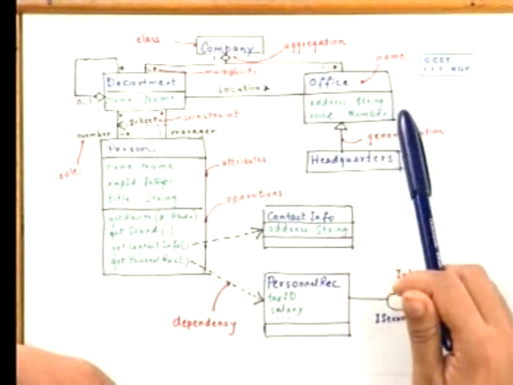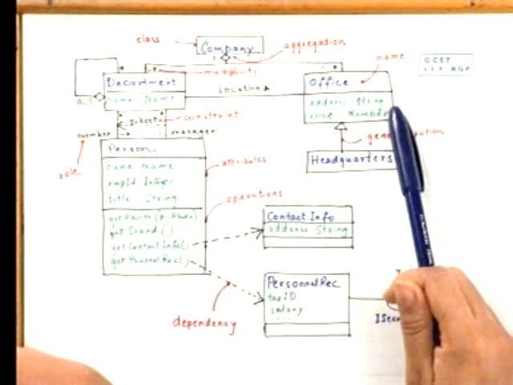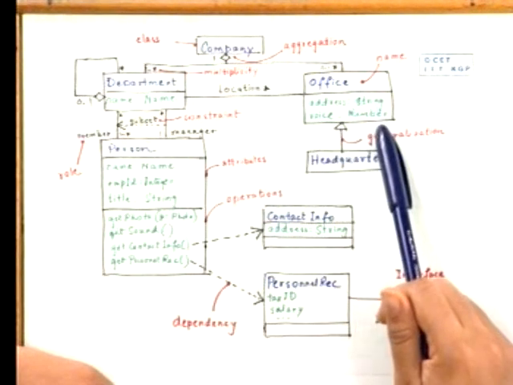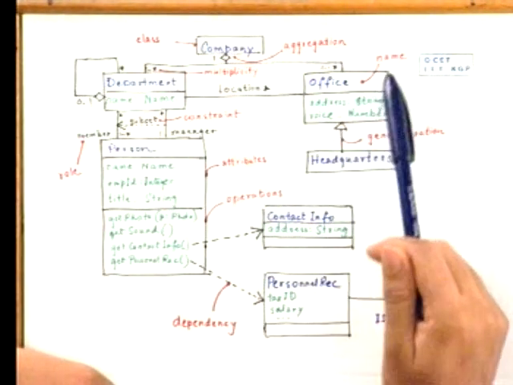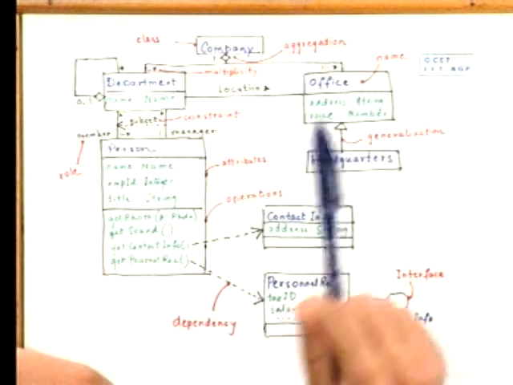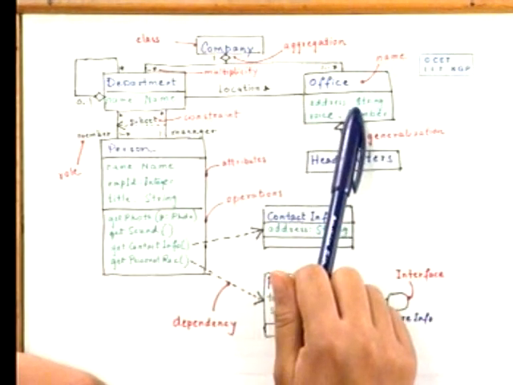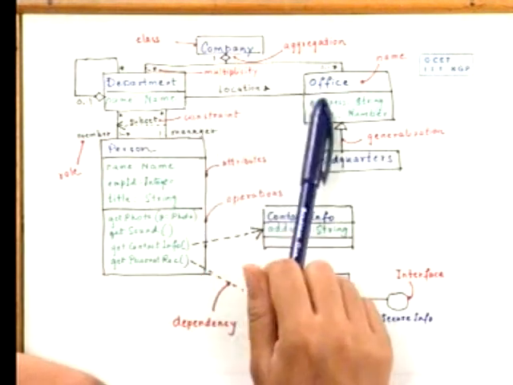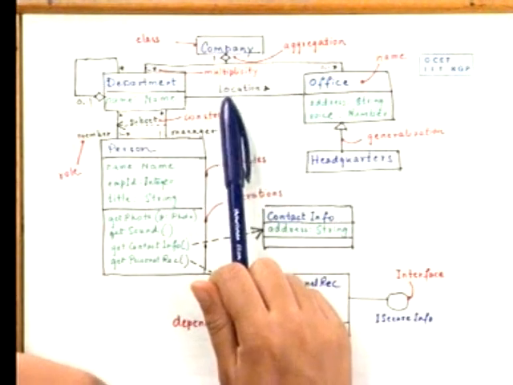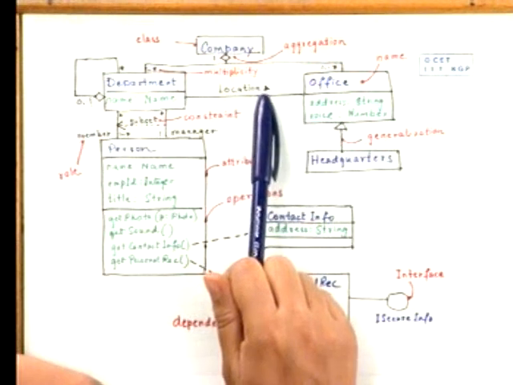Now we'll go back to the office class. The office class has two attributes: address, which is a string, and voice, which is a number, the phone number. The name of the class is office, and there is a relationship between department and office. The name of this relationship is location, and this is the direction of the relationship.